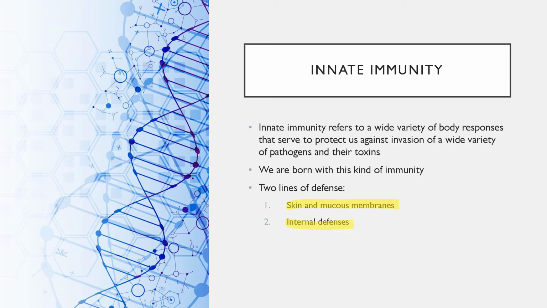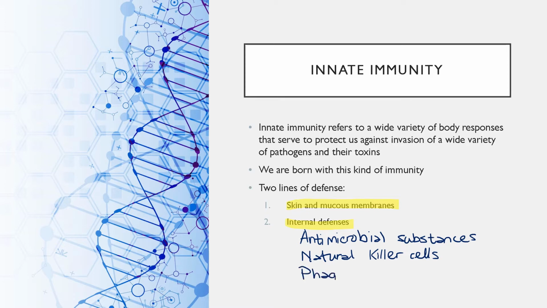Again, these are things like antimicrobial substances, natural killer cells, phagocytes, inflammation, and even fever. So really the innate immunity overall is going to be the type of defense that we are born with.